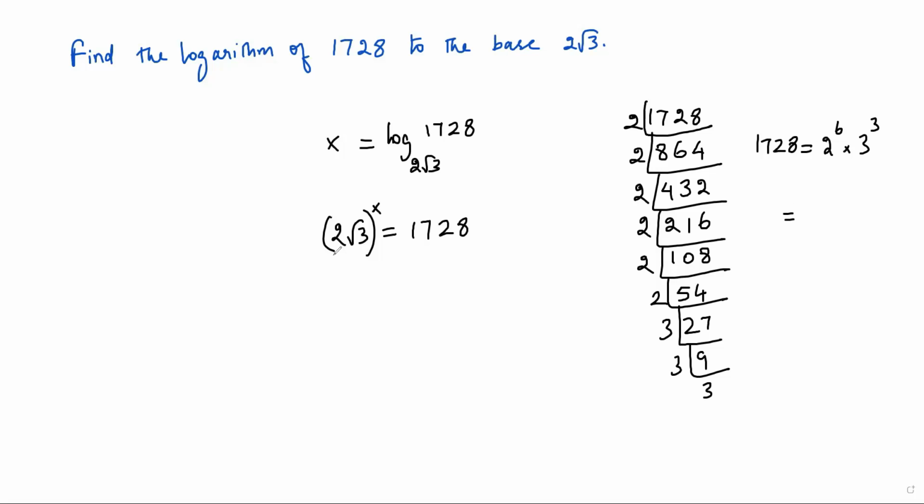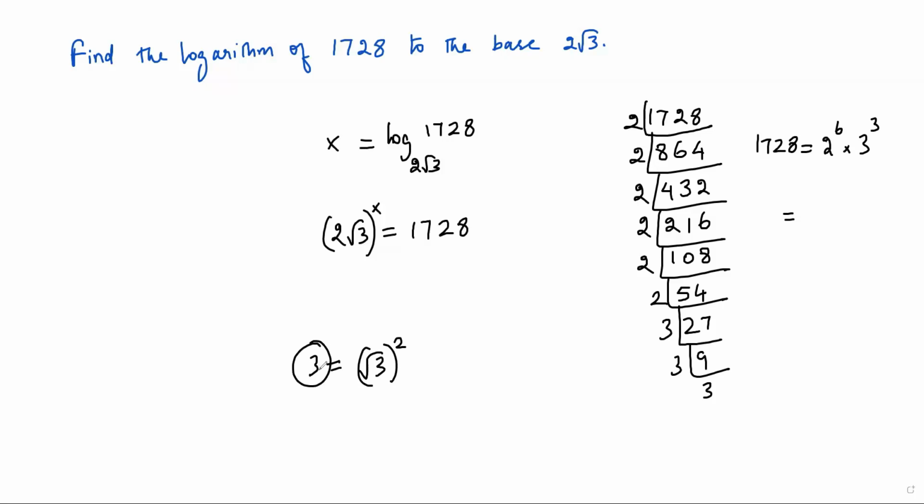Okay, here I have the base 2 times square root of 3. But here I have 2, but I don't have square root for 3. So I have to get square root for this 3. So what should I do? If there is no square root for a particular number, but to solve the problem you need square root, what you need to do is write 3 as square root of 3, the whole square.